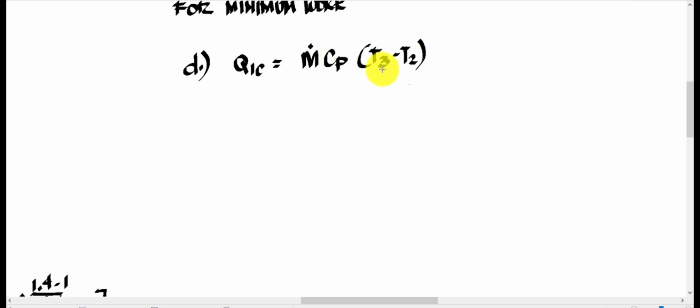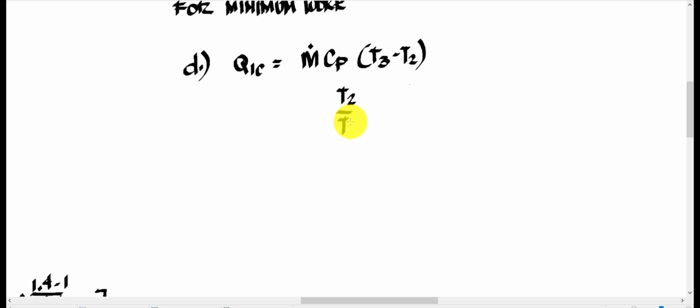Now, T3, since this is during intercooling, we cool down the air to the initial state, which is equal to T1, which is 299.7. Now what we don't have is T2. Since we are in isentropic compression, we can use the isentropic process.